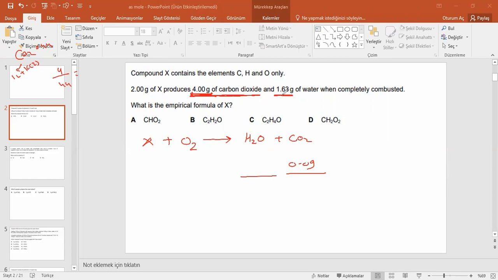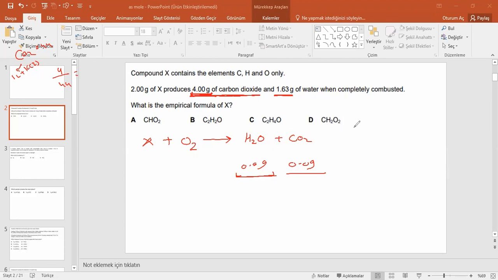So once more we find the moles of water. It is 1.63 over 18. Wow, which gives us the same number. We get 0.09.